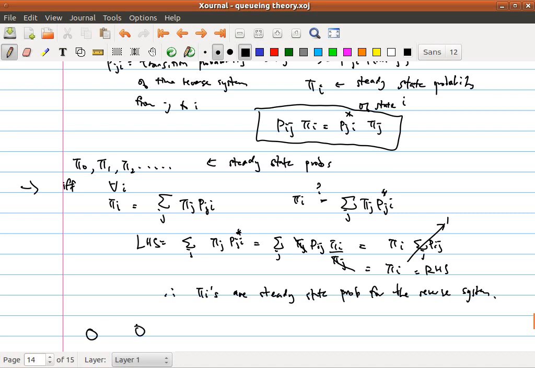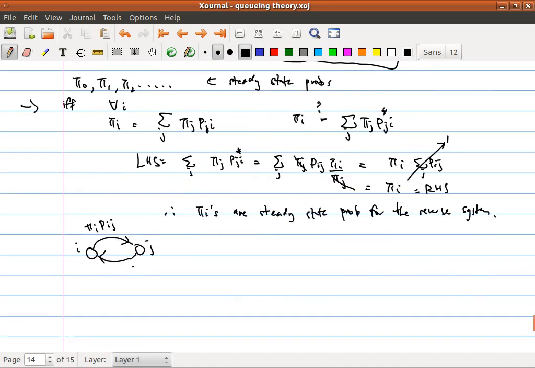That's basically, for two states, the transition probability from one state to another, let's say from i to j, or I should say the probability flow from i to j, is p_ij times pi_i at the steady state, and it is equal to the probability flow going back into state i, which is pi_j p_ji. Just recall, if pi_i p_ij is equal to pi_j p_ji, this is what we call the detailed balance equation being satisfied.